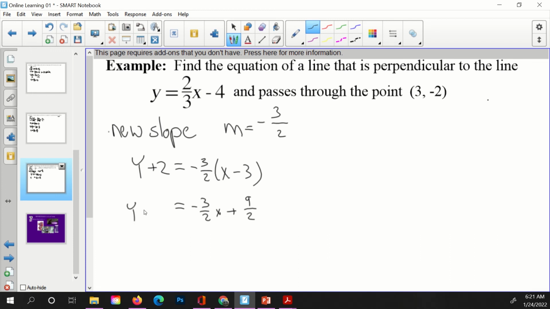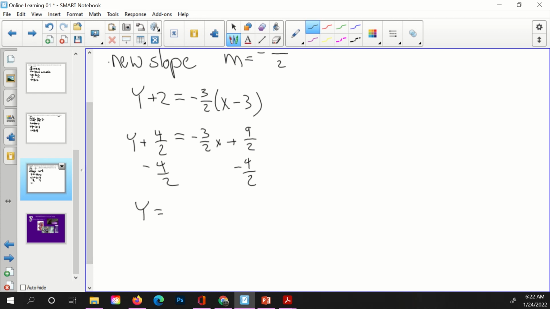So I'll go y plus, and now I need to change 2 into halves. Well, there are 4 halves in 2, and so I'll subtract the 4 halves from both sides. And that'll leave me with y equal to negative 3 over 2x, and then plus 5 over 2. And that'll be my final answer right there.